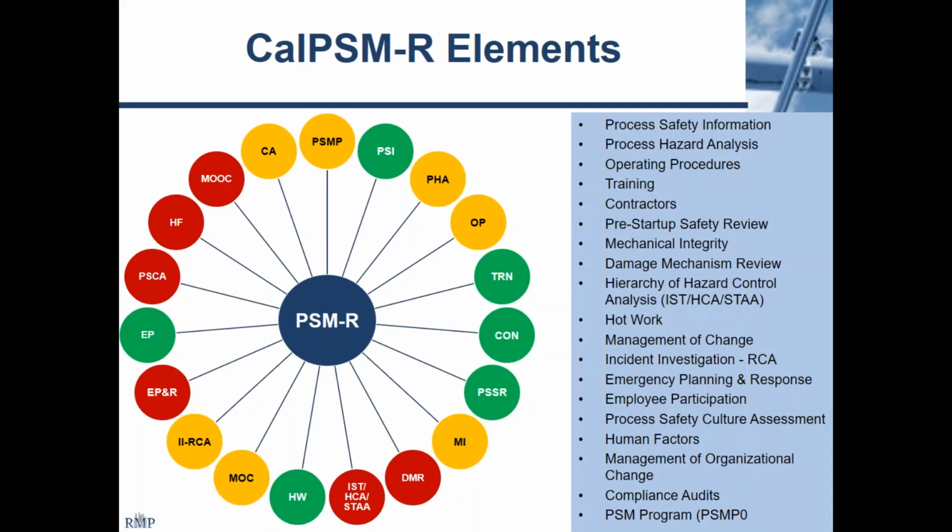Mechanical integrity, the biggest thing here is the addition of damage mechanism reviews as part of mechanical integrity, which is the next section over. IST, HCA, and STAA. Inherently safer designs and hierarchy of hazard control analysis. This is a whole new element added that will overlap into the mechanical integrity, the PHA, the incident investigation, all over the PSM program.